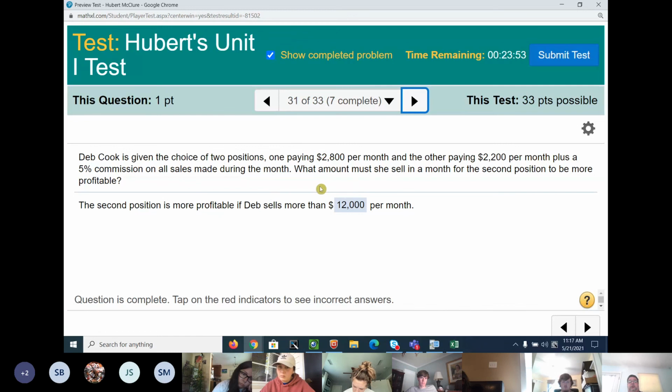So that would be one paying $2,800 per month, and the other paying $2,200 per month, plus a 5% commission.